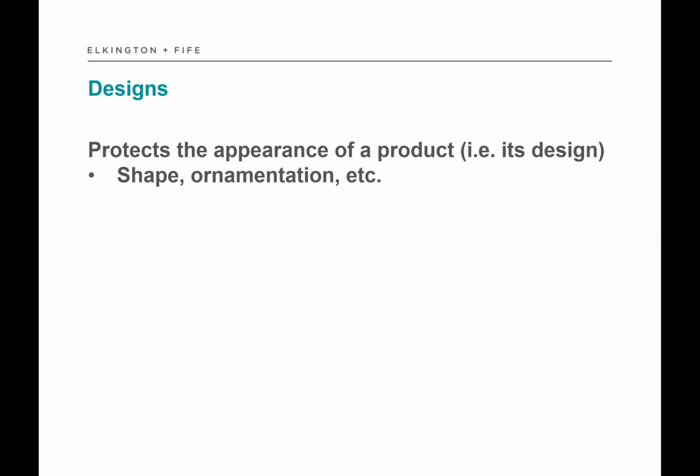So lots of people protect housings for cables, fibers, and then that ranges on to things like bathtub shapes, anything really that has a particular appearance that you might want to protect. Packaging is another field that's commonly found in designs.